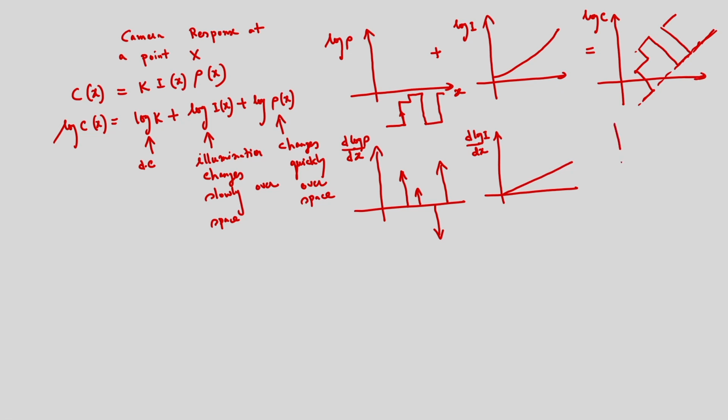In this case, if I add these two, because as per the equation I have to add these two, then what will I be getting? I will be getting this one, that is d log C divided by dx.